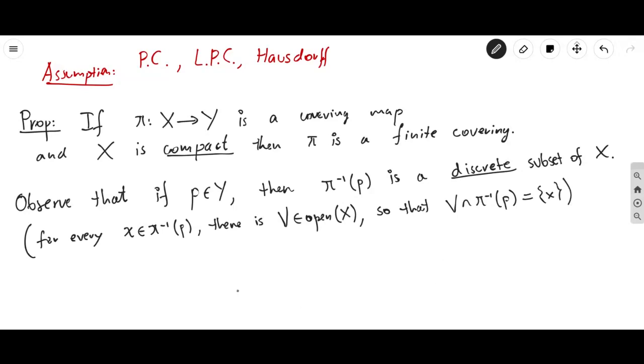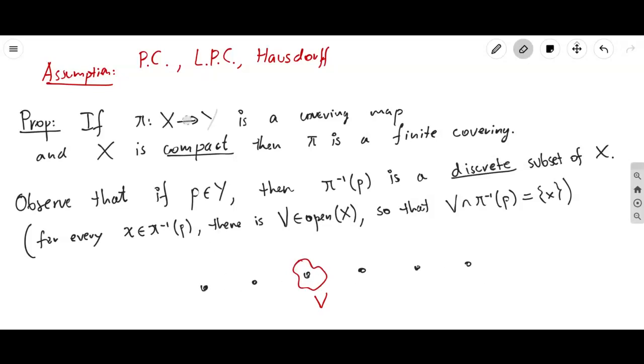So that's what it means to be discrete. The intuition is discrete is when you have a bunch of points and they do not come together. So when you're saying that something is discrete, around every point you can find v, so that v only contains that point and nothing else.